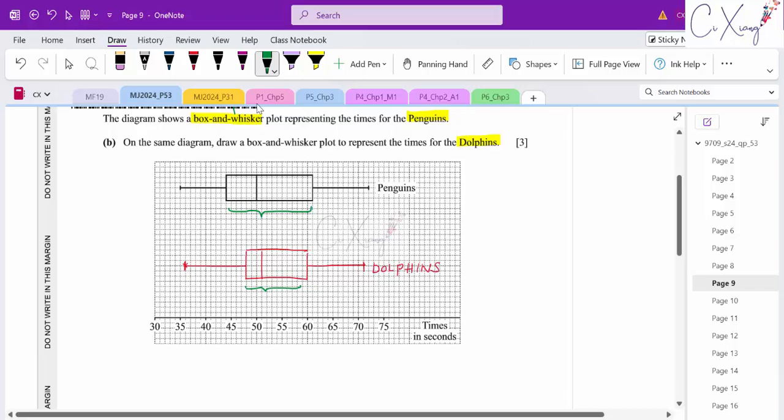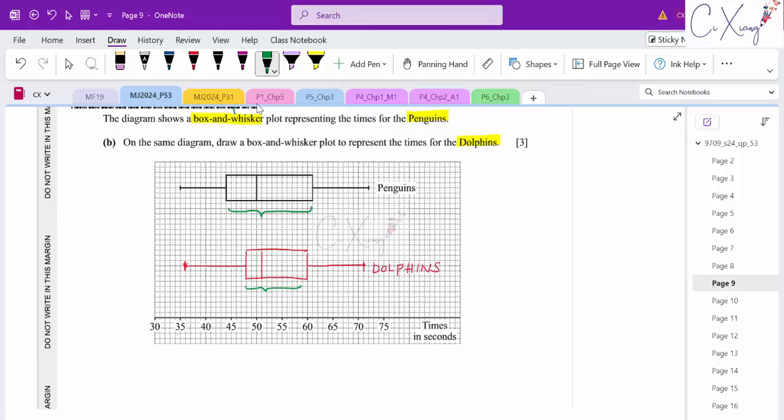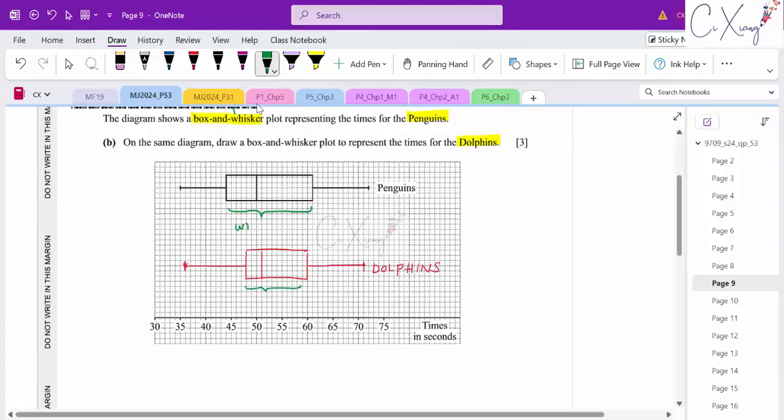Penguin one is longer. When you have a longer box, that means it is widely spread. If you have a shorter or smaller box, basically we'll say this belongs to more consistent data or time. So I think we can comment on this based on this.